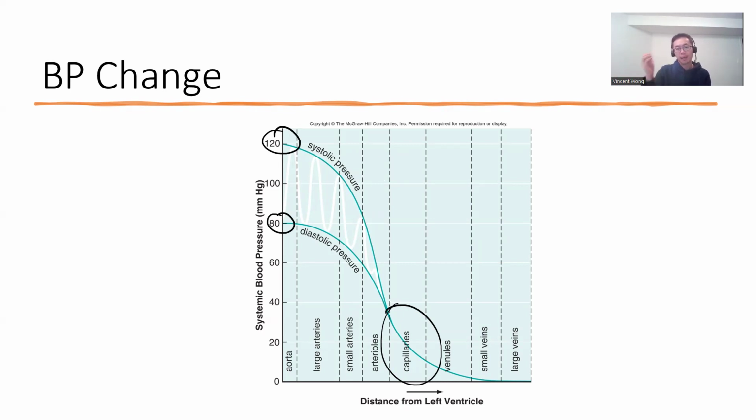By this point, you are so far away from the heart that you no longer feel the pressure difference from the contraction or the relaxation. So it's only at the beginning that you have two numbers. By the time you are far away enough, you only have a single number. So that is the blood pressure.